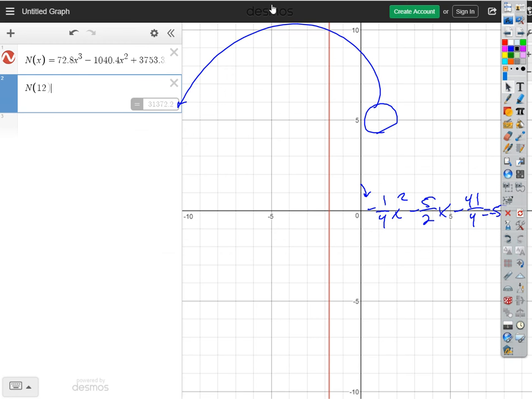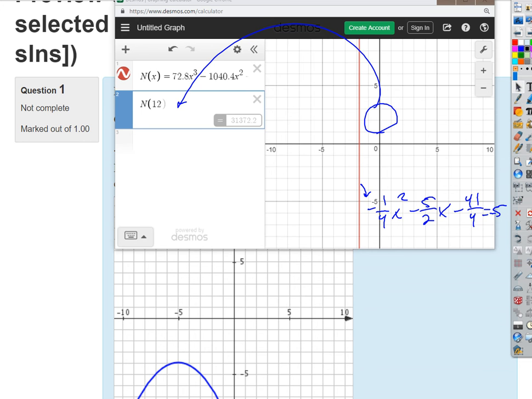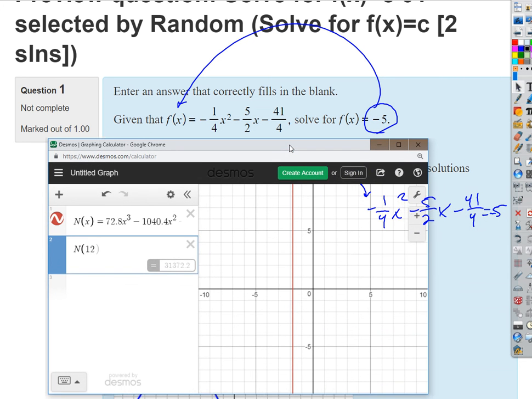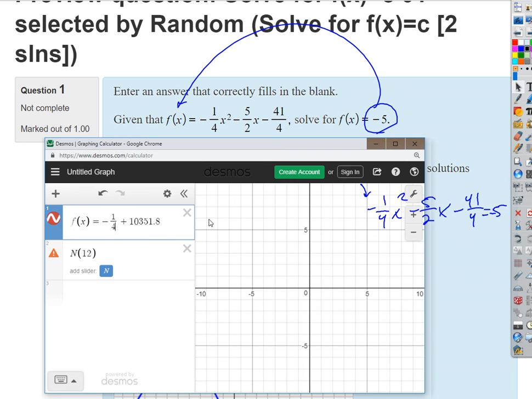So here's Desmos. Instead of n of x, let's call it f of x. I'm going to enter the function just like before.